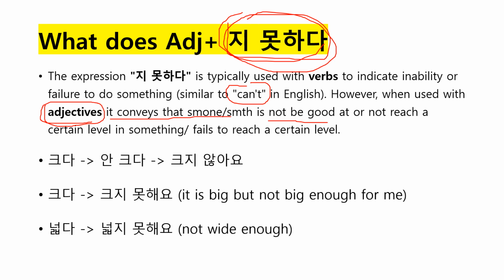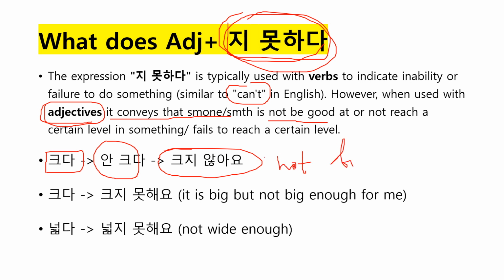So let's take the adjective 크다. 크다 is translated as big, right? We can say 안 크다, 크지 않아요, normal. So it means not big. Sorry for my writing. It's not beautiful, but I hope you understand it.